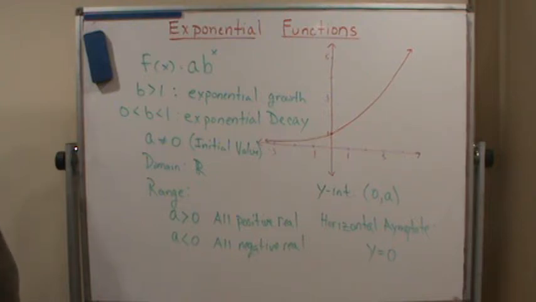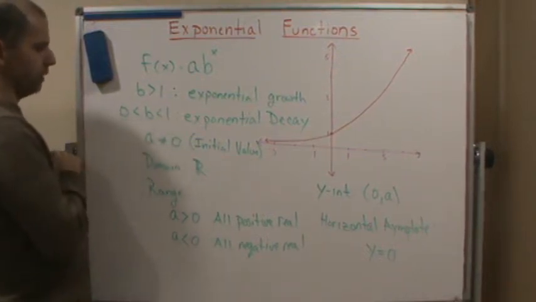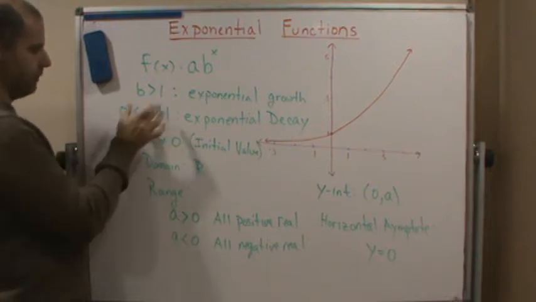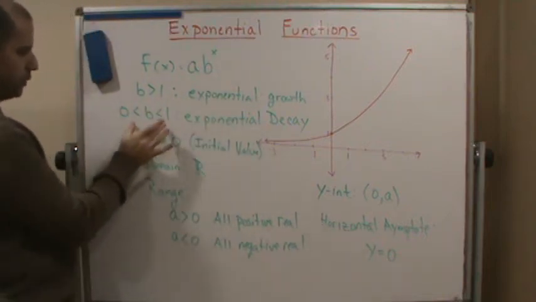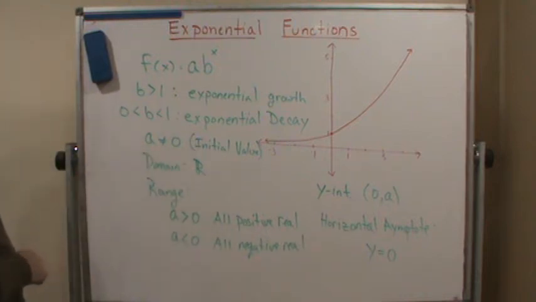A positive real number, so I'll say a positive real number not equal to 1. So b can be a positive real number not equal to 1. If it's greater than 1, exponential growth. If it's between 1 and 0, exponential decay, just like we saw in the previous video.